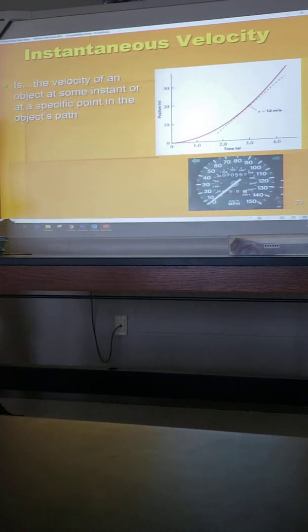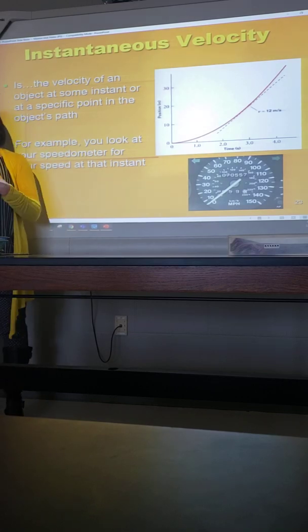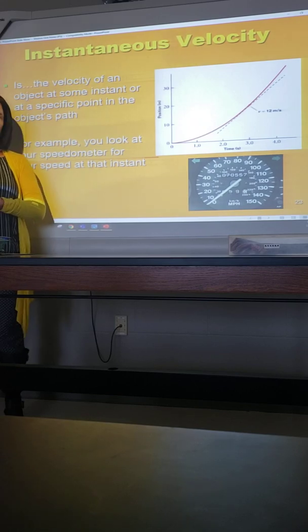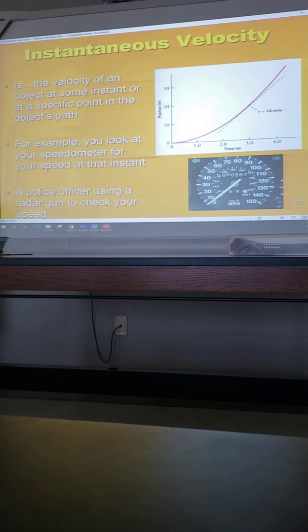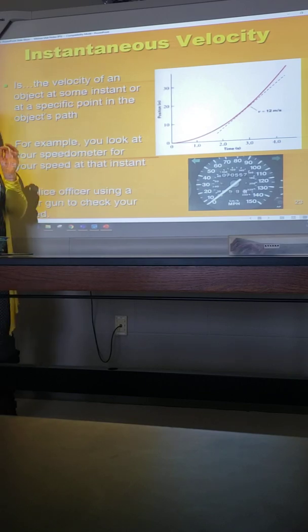But an instantaneous velocity would be like a cop getting your speed on a radar gun. Obviously it's speed because he's not really worried about direction, but we know this could also be considered velocity if you would include that direction. Okay, so it's that point in time.